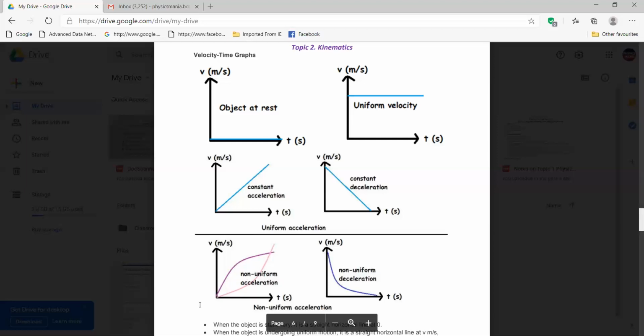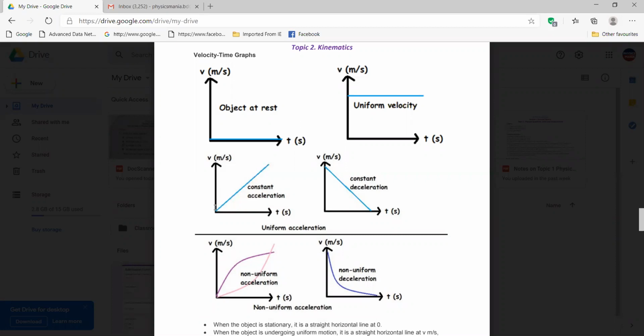So why I'm saying it here, because sometimes you mess up, right? With distance time and speed time graph. That time you have to think first of all whether it is a speed time graph. So if the question is asking me about non-uniform acceleration or constant acceleration, if it is constant acceleration on a speed time graph, the shape will be like this, right?